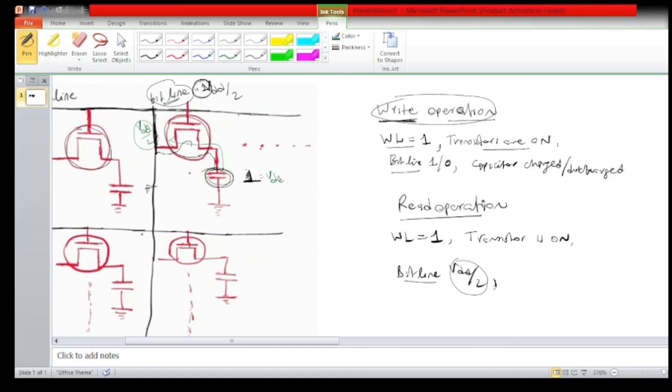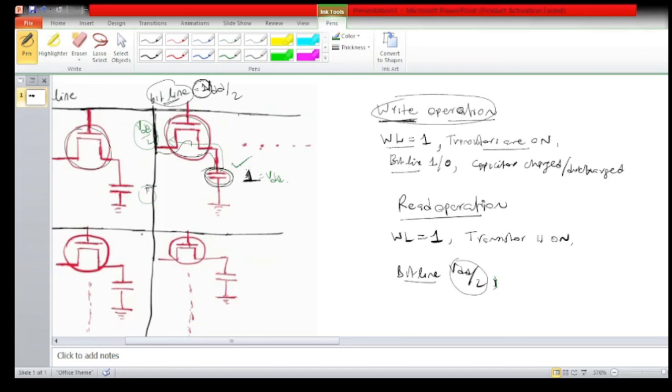So the capacitor starts decreasing, and the sense amplifier attached to this bit line will sense that the capacitor is decreasing in its charge, or the potential on the bit line is getting increased.